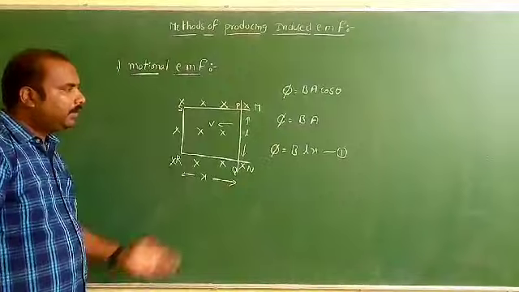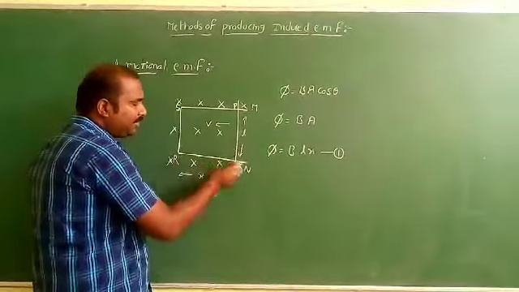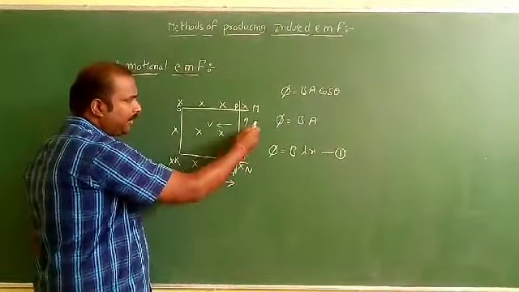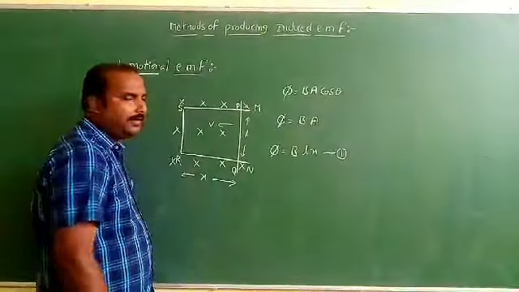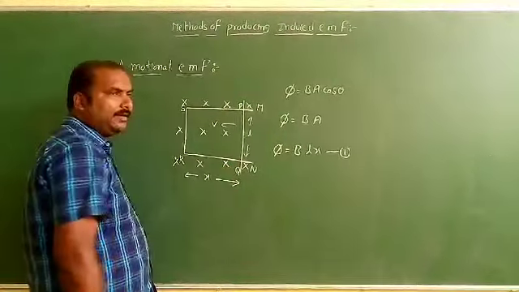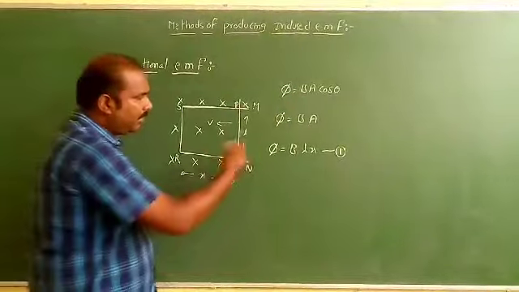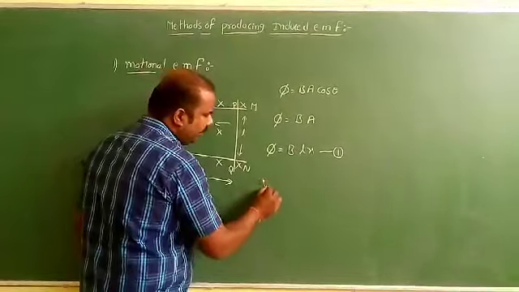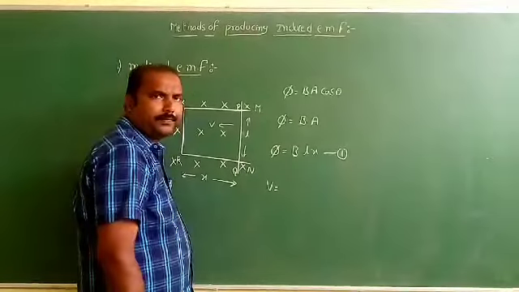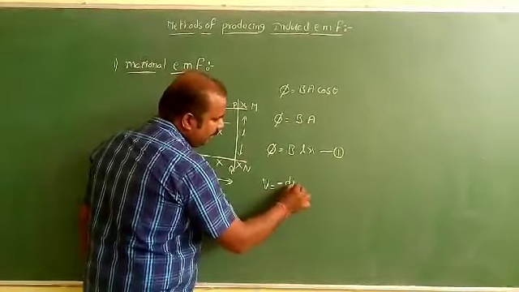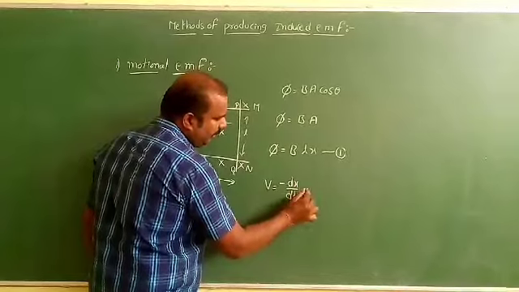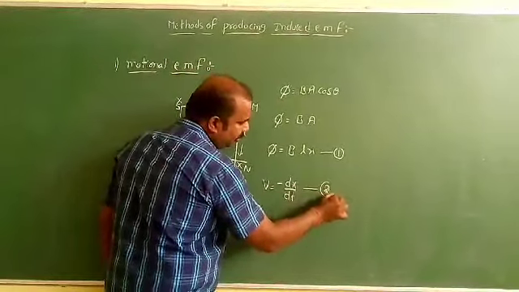Next, if the conductor is moving towards left with the velocity V, the distance is decreasing. That means area is decreasing. Now that one I can take as V is equal to minus dx by dt. This I am taking as equation 2.